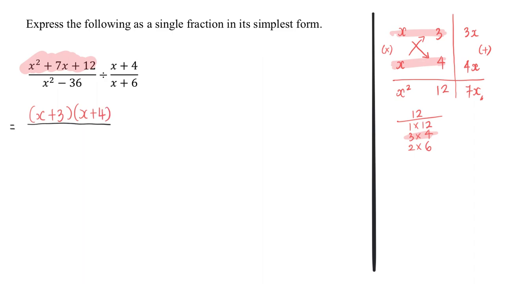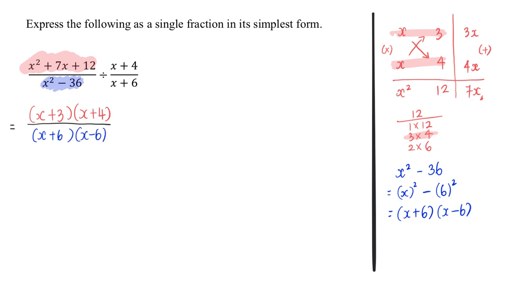Now, I could also factorize x squared minus 36 as well, because x squared minus 36 can be rewritten as x squared minus 6 squared. And I could factorize using this special product. Okay? And so this part here, I could rewrite it as x plus 6, x minus 6.